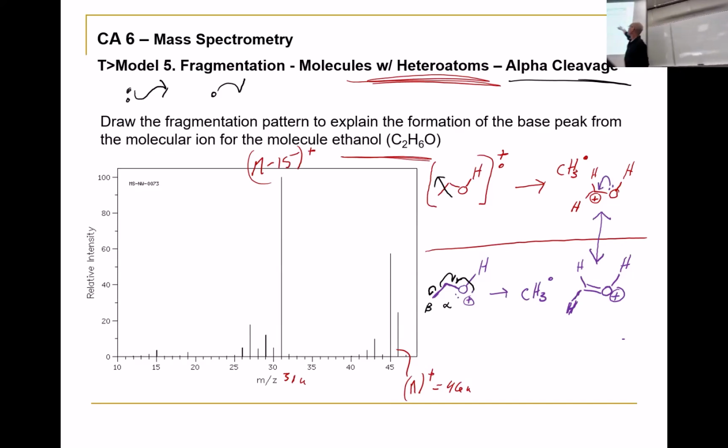So I'm totally happy if you just want to draw this the more generic way. But then this actually gives a little bit more information. And I'm reluctant to promote this too much because we haven't covered reaction mechanism yet. Which resonance form would contribute the most?